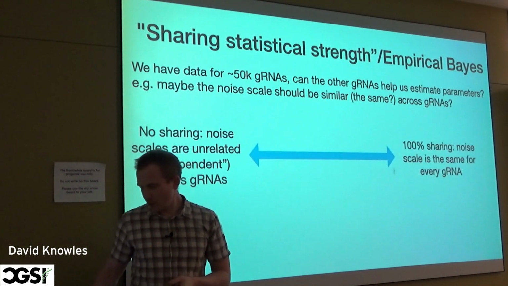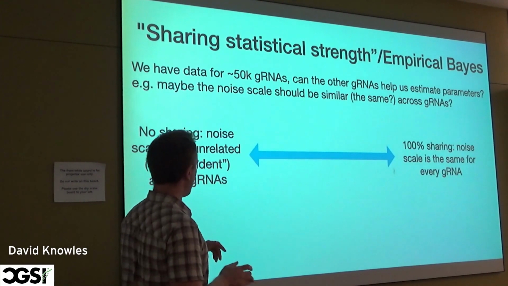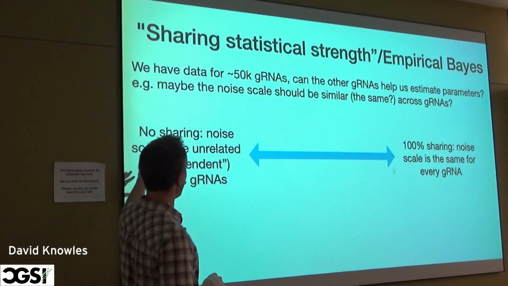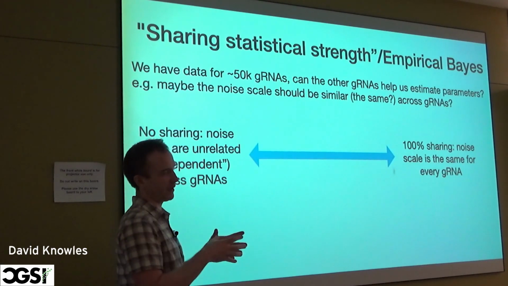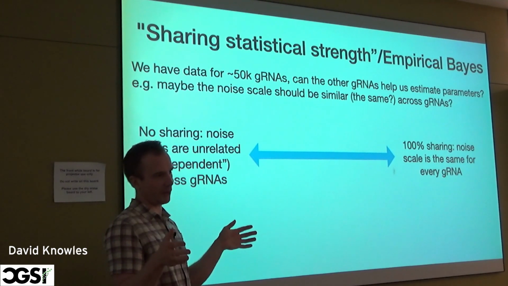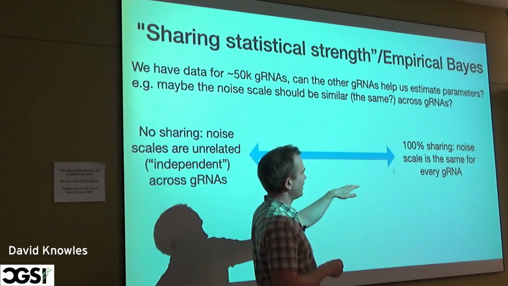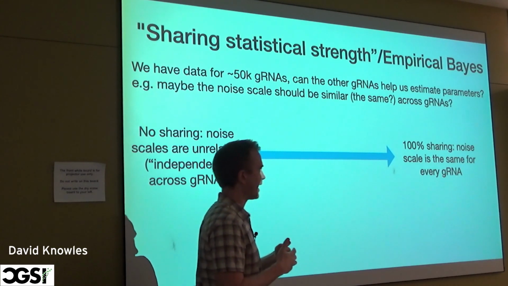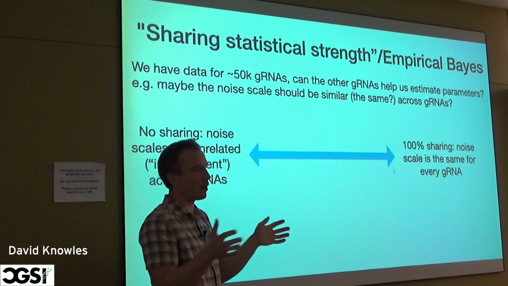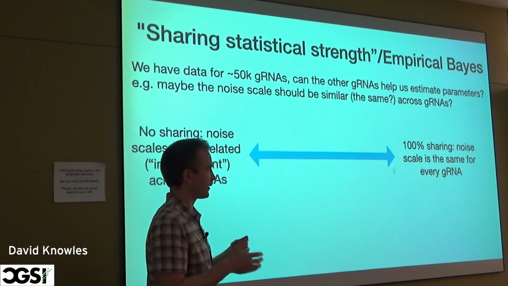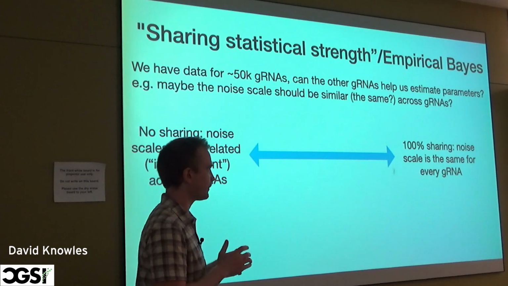We can think of a few basic strategies for handling all of our different guides. The simplest would be to fit a separate model for every single one of those 50,000 guides. On the other extreme, I could say it was one big pooled experiment, so maybe the noise should be the same across all of the guides, and I could just fix the noise scale to be the same.